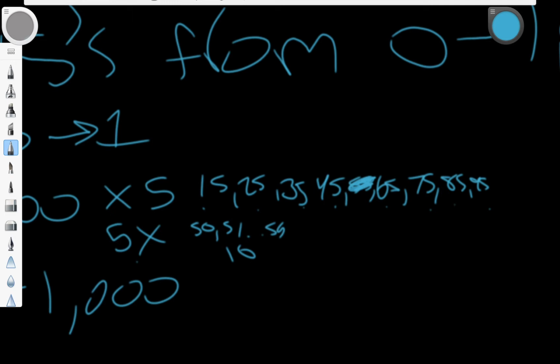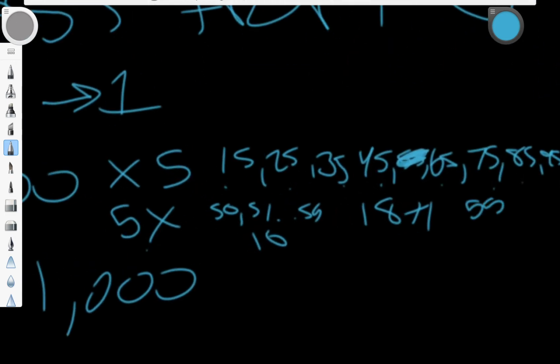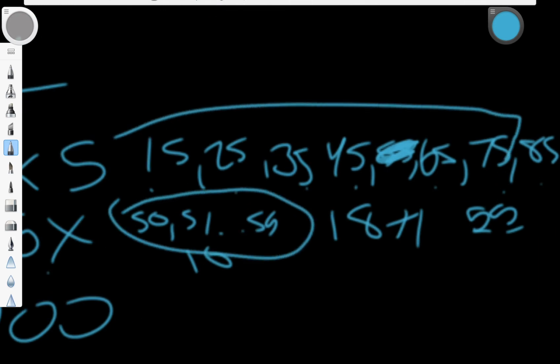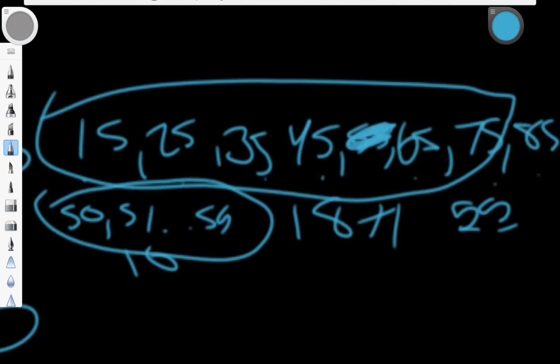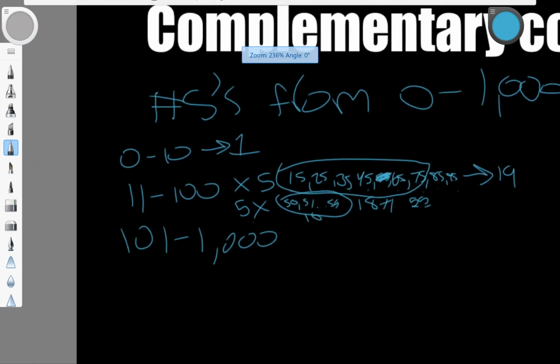That gets us to 18, right? Am I missing something here? Nope, that gets us to 18, and then add 1 because of the 55. Because 55 has 2 5s, right? So we add 1 because we accounted for it in this one, but not in this one. So we undercounted. So 18 plus 1 gets us to 19, right?